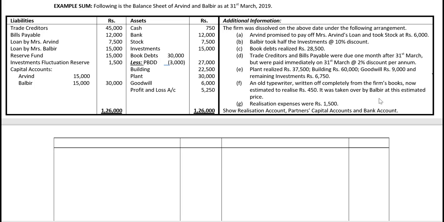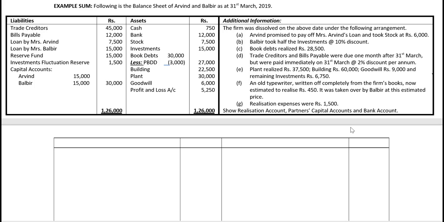It was taken over by Balveer at this estimated price. The final point, realization expenses were rupees 1,500. We are asked to show the realization account, the partner's capital account and the bank account. We'll begin with the realization account, followed by the partner's capital account and then the bank account.